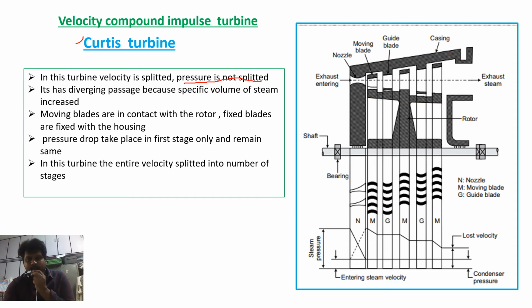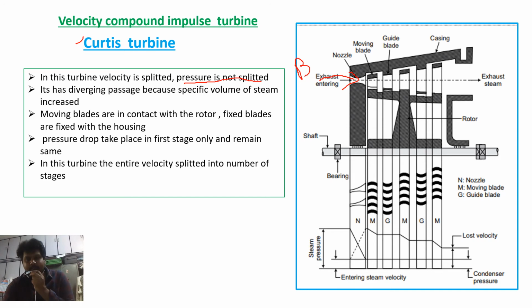This is the working of the Curtis turbine. As we know, the steam enters into the nozzle from the boiler. The function of the nozzle is it converts the potential energy into kinetic energy of the steam. So the velocity of the steam will increase when it passes through the nozzle.